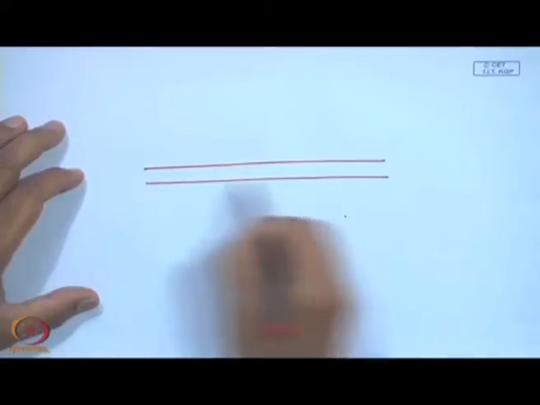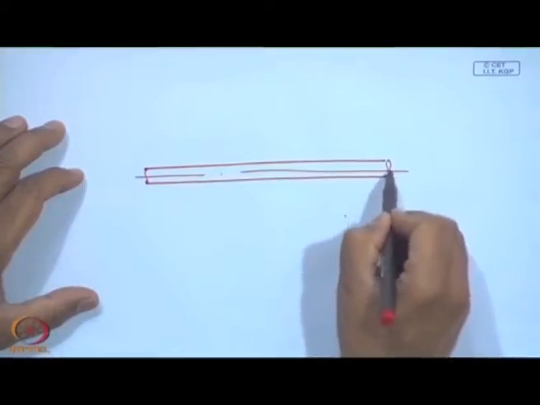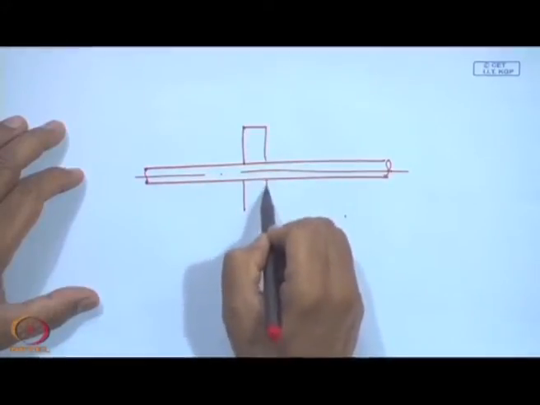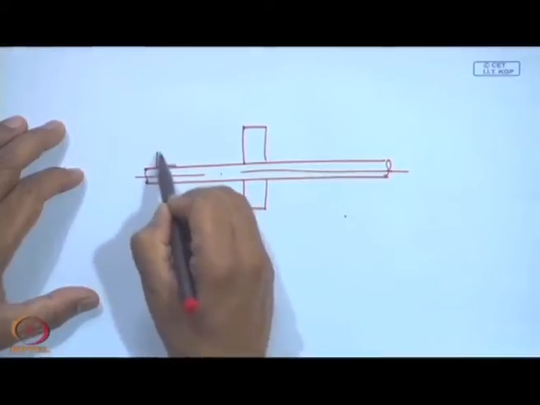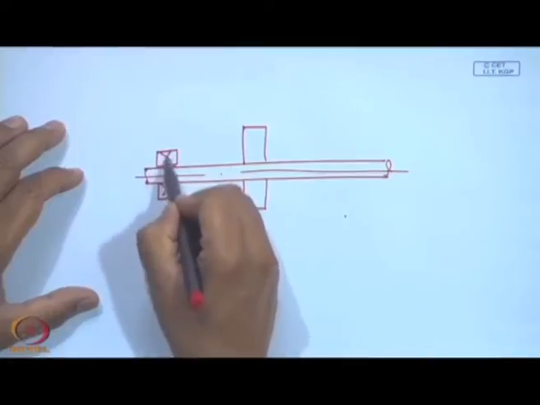rotor. Maybe on this rotor we have a disc which has an unbalance, and this rotor is supported on bearings.